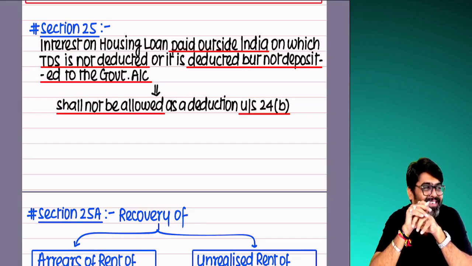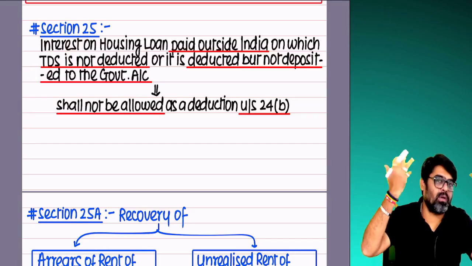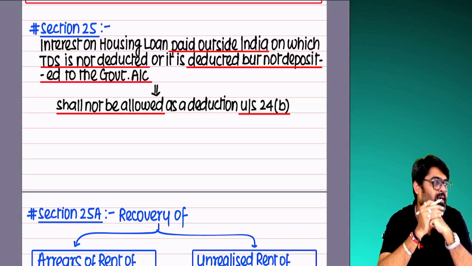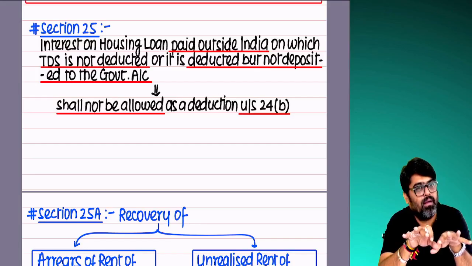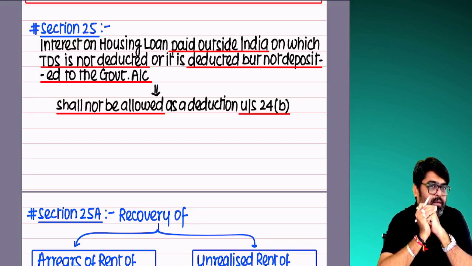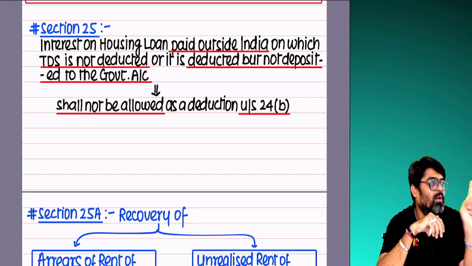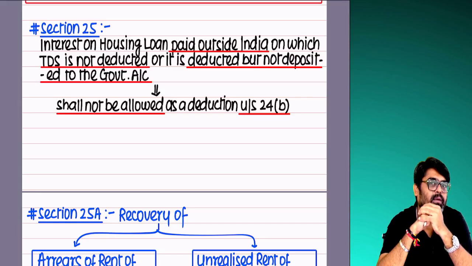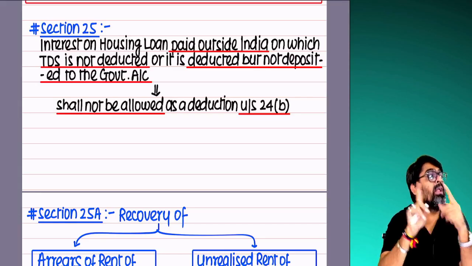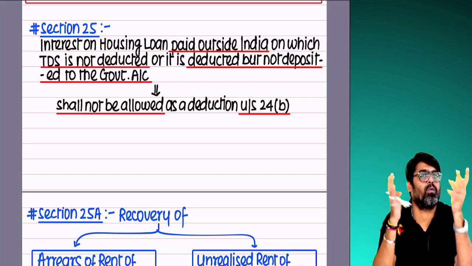Either you were not aware that you are supposed to deduct TDS, or even if you were aware, you deliberately did not deduct. You are supposed to pay 1 lakh, out of which 10,000 you are supposed to deduct, so you should send net 90,000. But you sent the entire 1 lakh without deducting TDS.